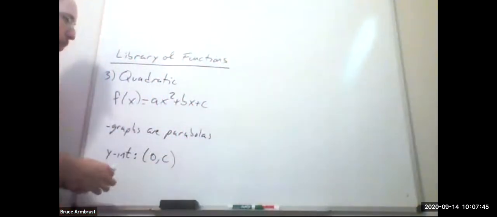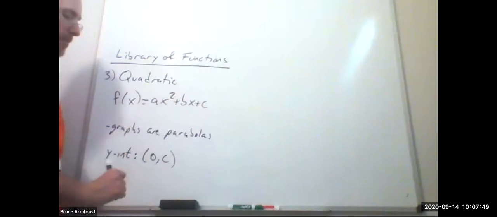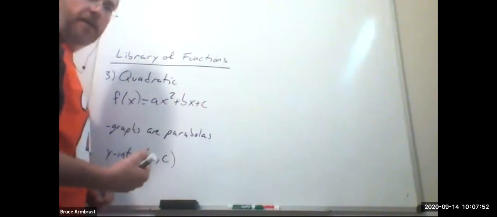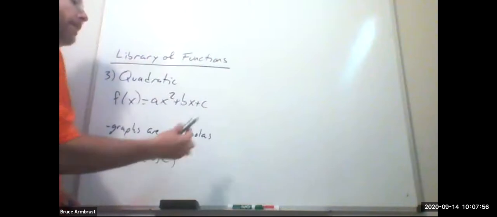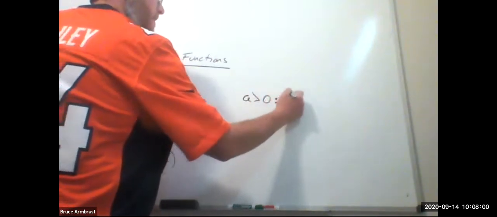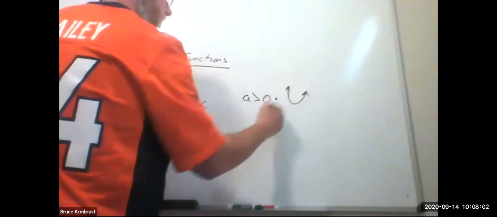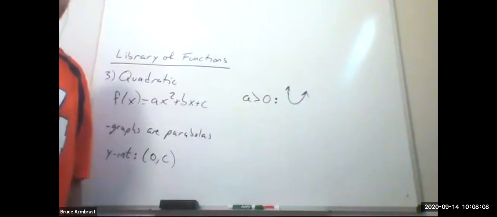In terms of its orientation, whether it opens up or down, and in Bruce speak, they're happy and sad. I think I mentioned this before. And the way to tell is just by looking at a. If a is greater than 0, so if that lead coefficient is positive, it's a happy parabola.